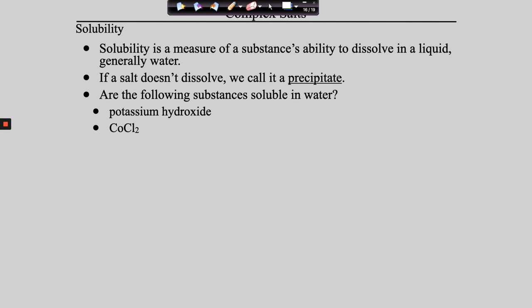You just need to be able to use the table. What about this? FeC2O4. Does it dissolve in water? You guys are silent. What's going on? Which one? Because guys, if Fe has a charge of +2, does that dissolve in water?